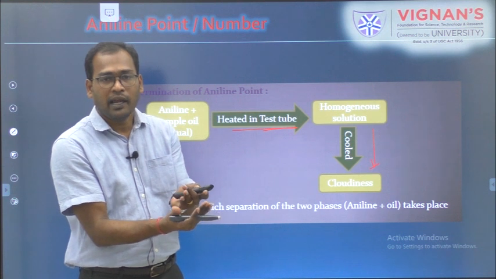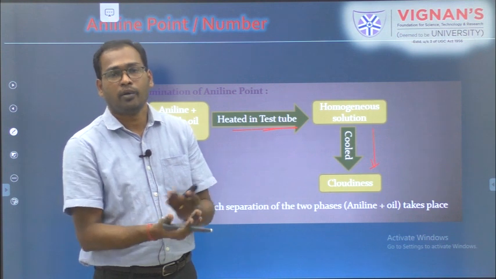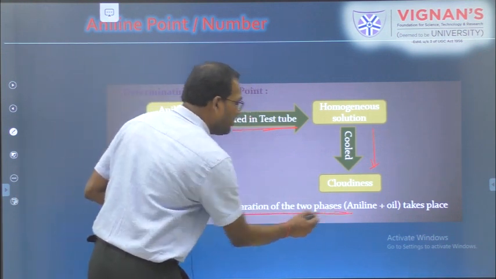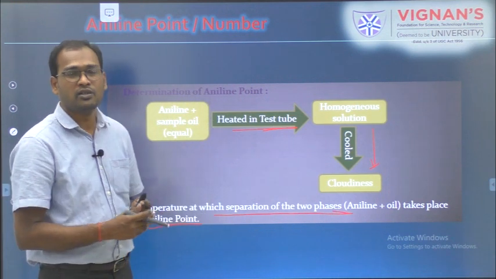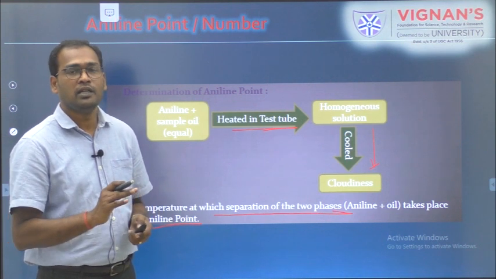The temperature at which these two phases separate is called the aniline point. So this is how it is done. It's a very simple experiment which can be done easily in a lab.